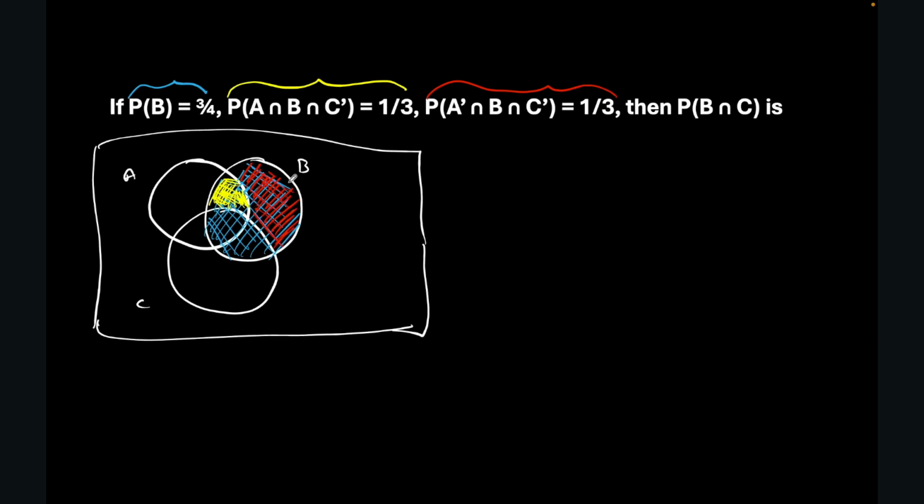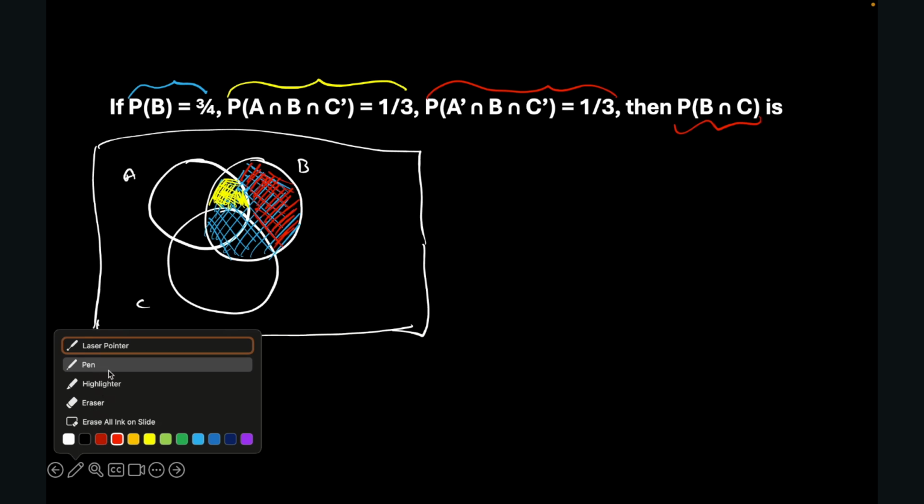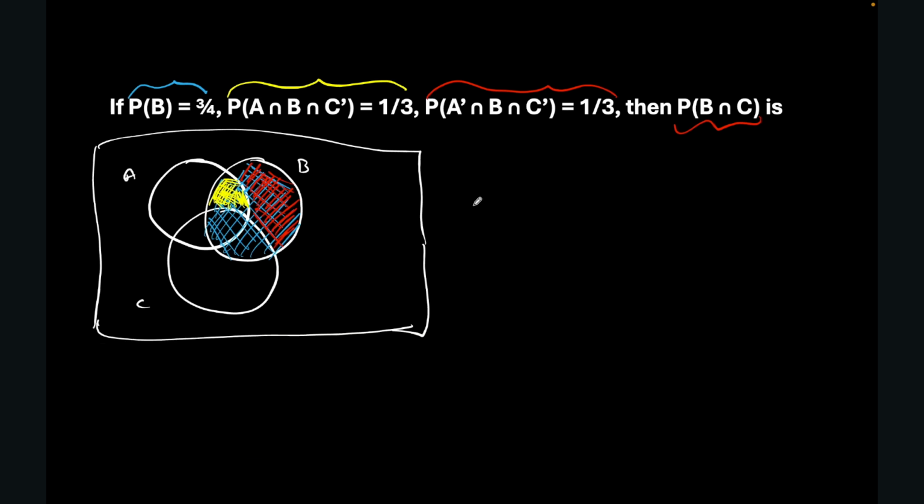So now what you can see is the only area highlighted in blue is just what we're asked for. So all I have to do is take the probability of B, subtract what I've done in yellow, and subtract what I've done in red. That's it.